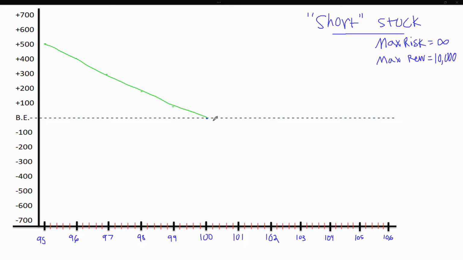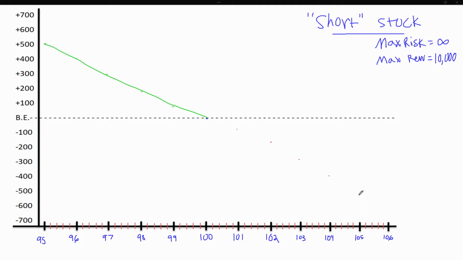Now, if the stock goes up to 101, we're going to be down. I'll talk about why this is the case, but we're going to be down, and I'm going to put this in red. Down $100. Down $200 if the stock goes up to 102. Down $300 if the stock goes up to 103. Down $400 if the stock goes up to 104.